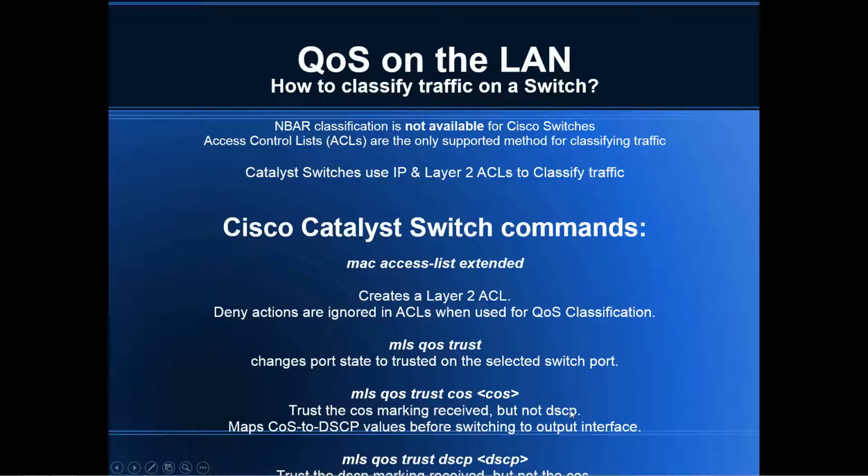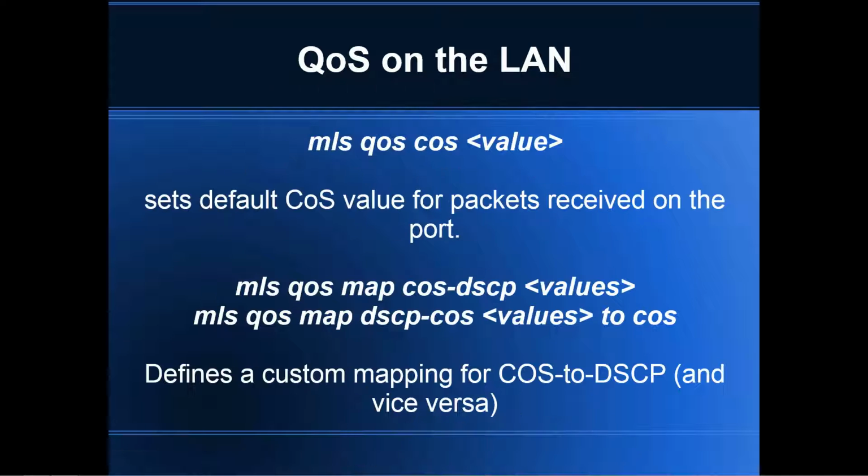The MLS QoS trust DHCP is just the trust for the specific DHCP number. So what we have to end up doing, on our MLS QoS CoS value, is start prioritizing. We have to give them a number.